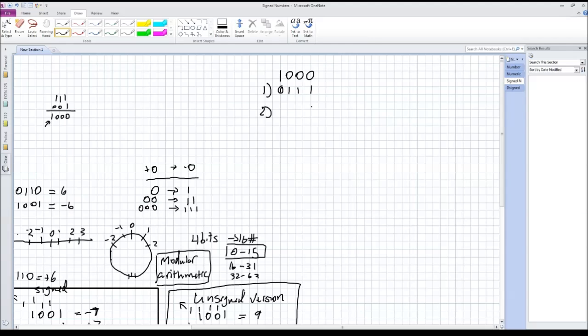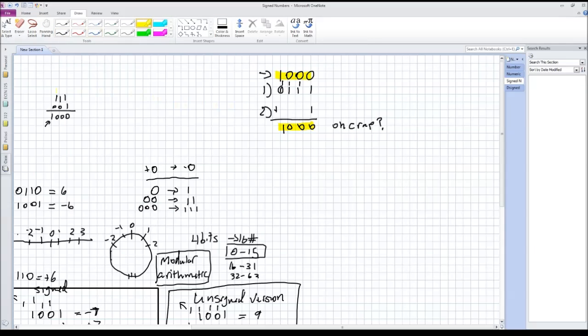Now let's add 1 to it. So plus 1. Okay, 0, carry the 1, 0, carry the 1, 0, carry the 1, 1. Oh, crap. Question mark? We got the exact same thing that we started with up here.